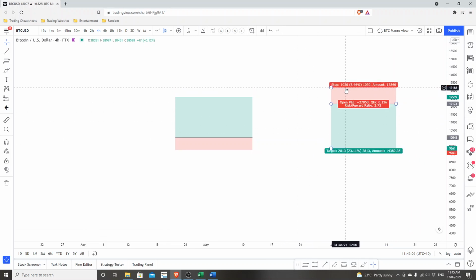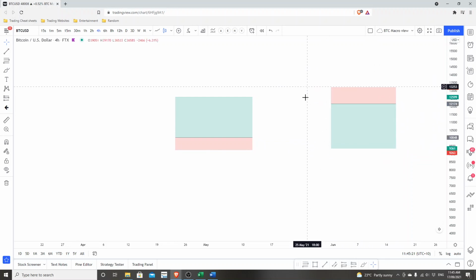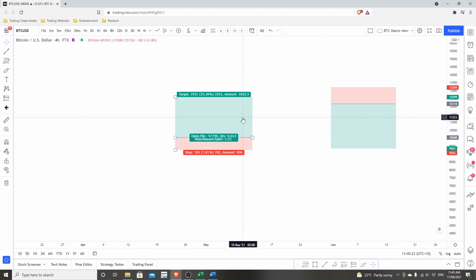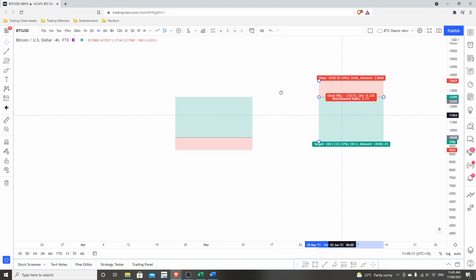So again, you adjust your stop, it gives you the quantity you should buy, gives you your risk reward ratio or your R ratio, okay? And yeah, that's your targets. So I'm not showing you any charts. I'm just going over your risk reward today and how to calculate it and how much money you're going to lose. All right.